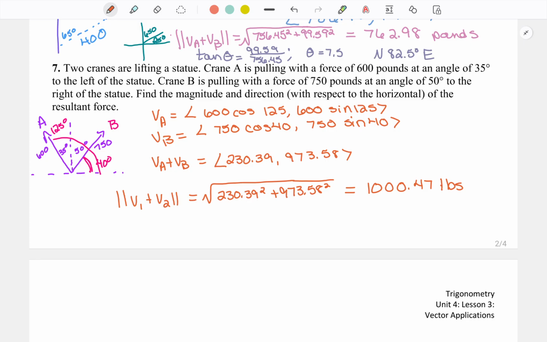And then for our direction angle, we have the tangent of theta equals 973.58 over 230.39. This means that theta is 76.69 degrees. And since it's with respect to the horizontal, then we are going to keep it in standard position.